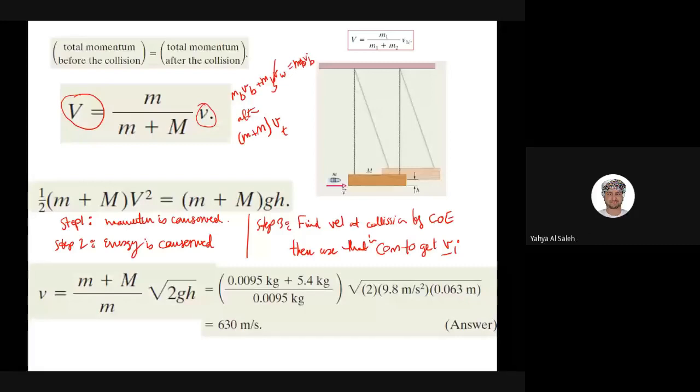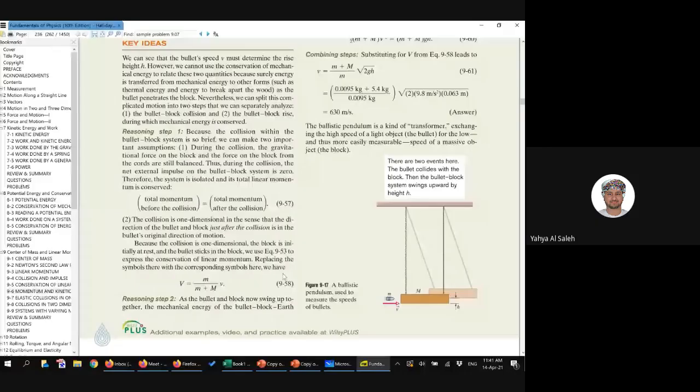No. The question simply tells you what it is, and then it tells you, okay, figure it out. So what we do here is, first we say, okay, momentum is conserved no matter what. So we do the conservation of momentum. Then we say, okay, when the bullet and the block swing up, our mechanical energy, our total energy, is conserved.